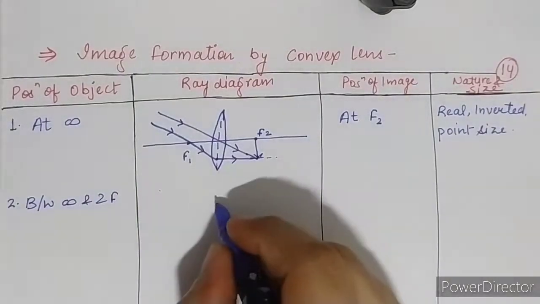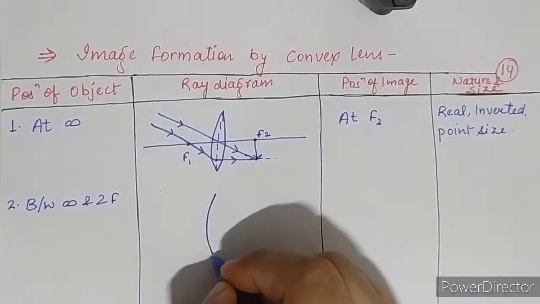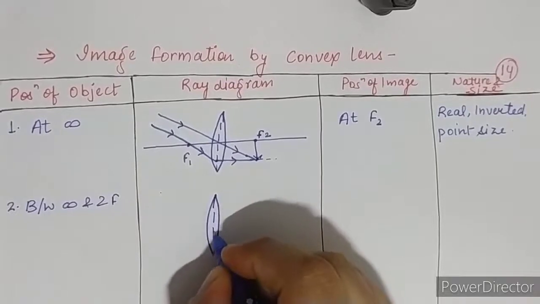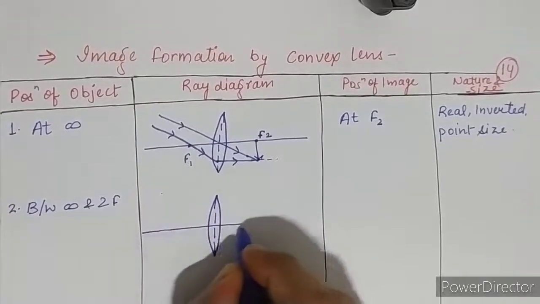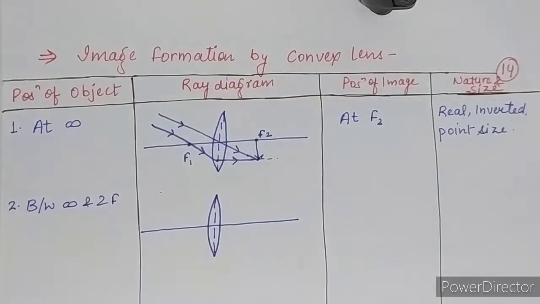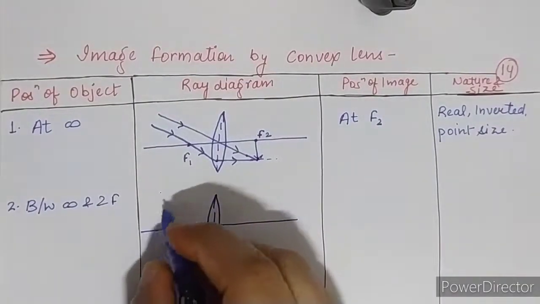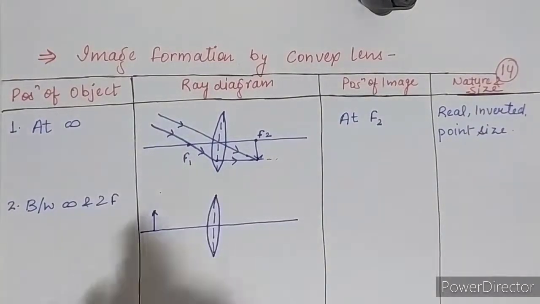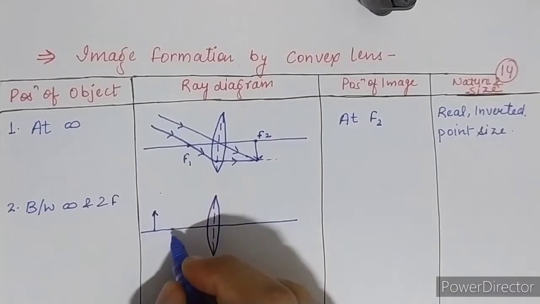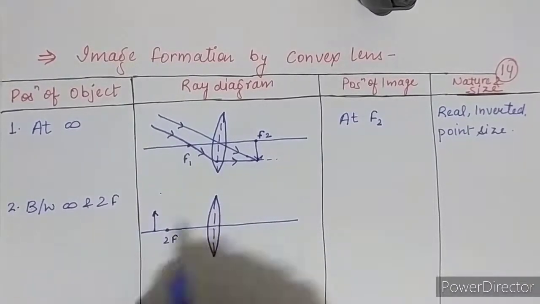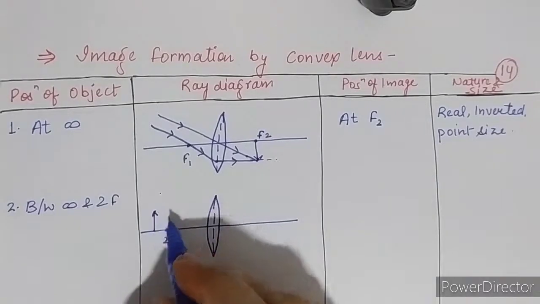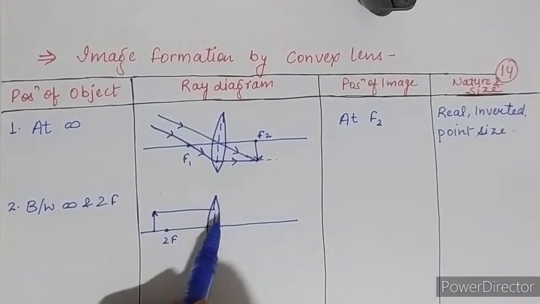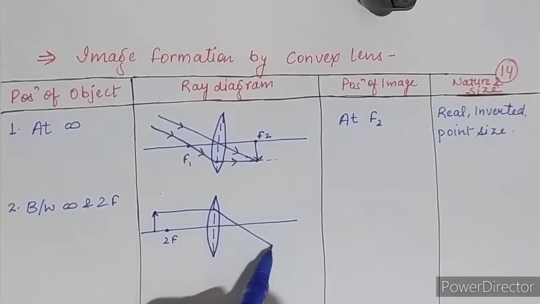The second condition I am taking is when the object is present between infinity and 2F. So here I am making a convex lens, and this one is your principal axis. Suppose the object is here, and here is 2F. When the light ray comes parallel to the principal axis, it always passes through the focus.